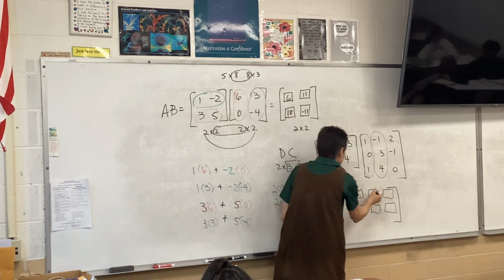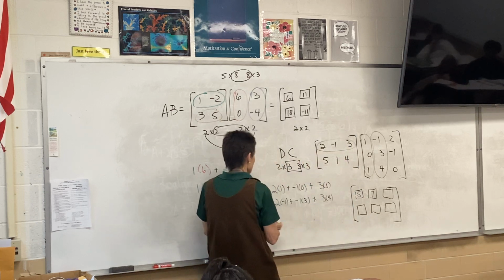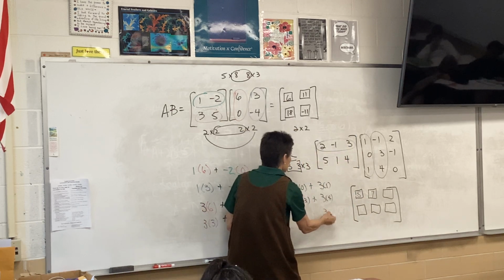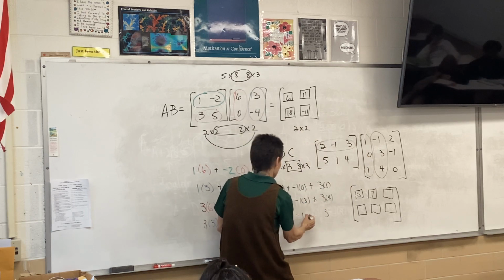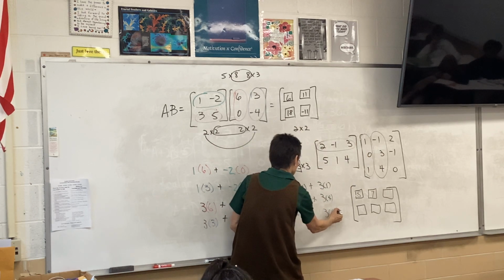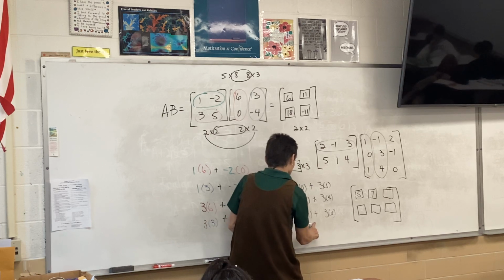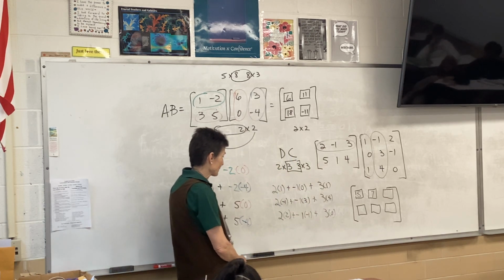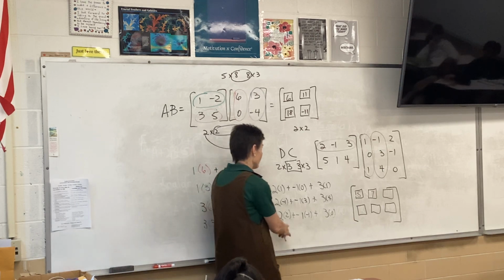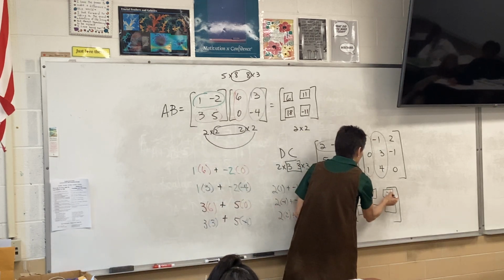Get those post-lunch brains working there, guys. And then 2, -1, 3 again, but this time times 2, -1, 0. It's 5. 4 plus 1 is 5.